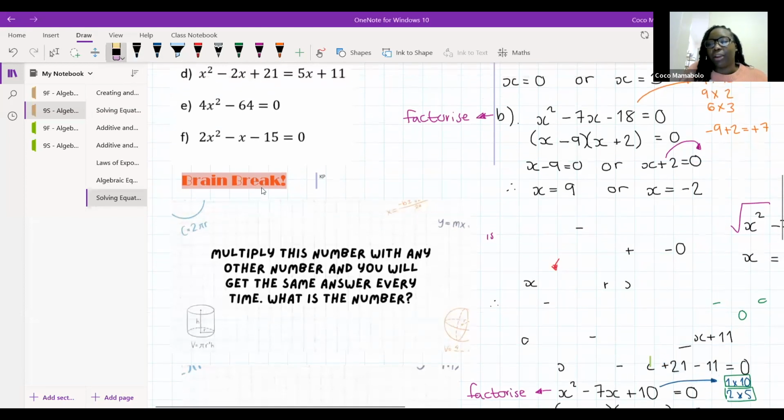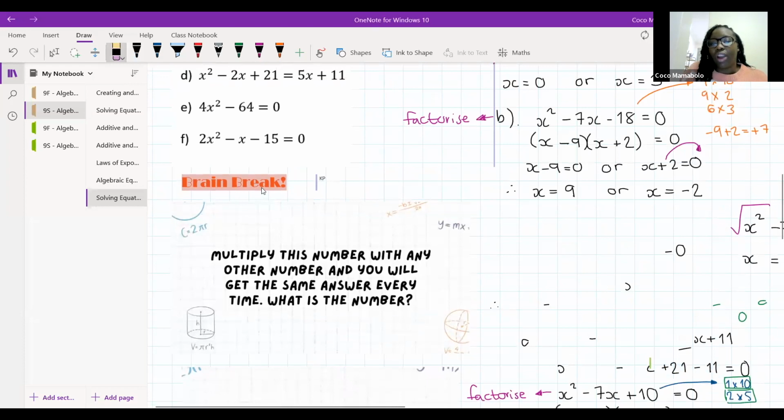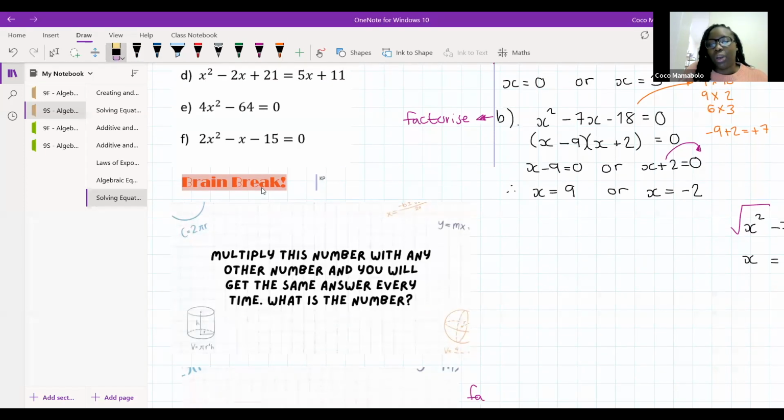Okay, let's think about it. For those of you who are saying 1, let's theorize this. Remember, guys, I'm going to need to get the same answer every single time. So let's say, for instance, I did the number 4. 4 times 1 would have to give me 4, right?